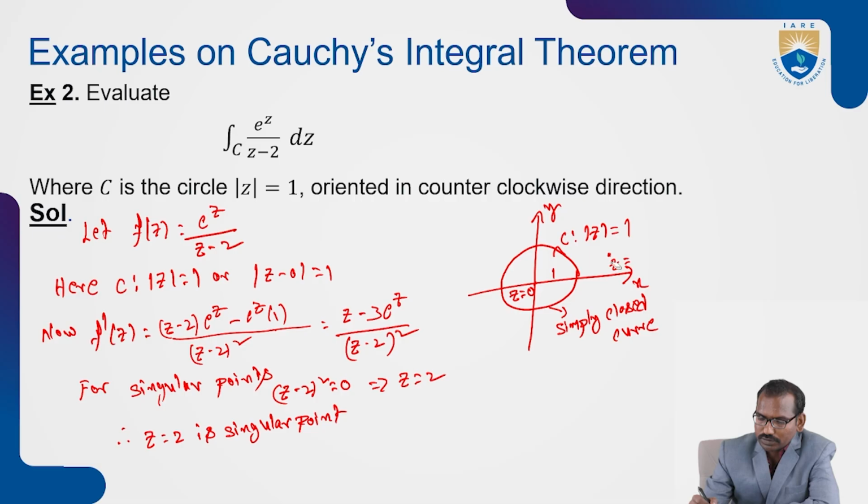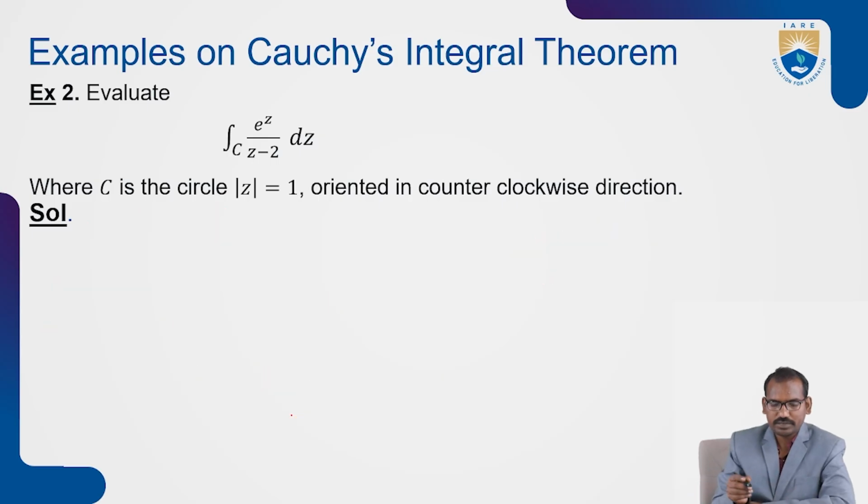Z equal to 2 lies on the x-axis somewhere. This is z equal to 2. Here our function f of z is analytic. So the singular point is outside the given circle.